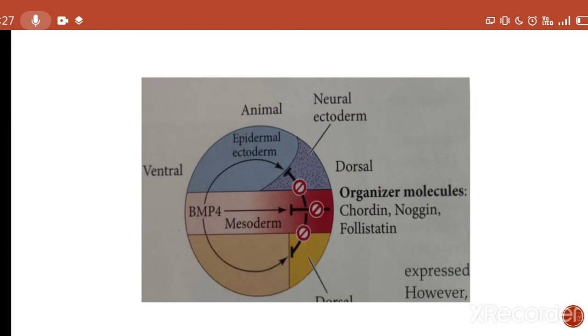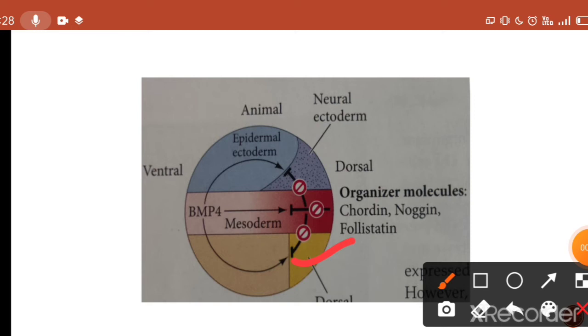So BMP is not activated in the dorsal region. In the dorsal region, neural tube or neural tissue results, but in the ventral region BMP is expressed, so it results in the formation of epidermal tissues.